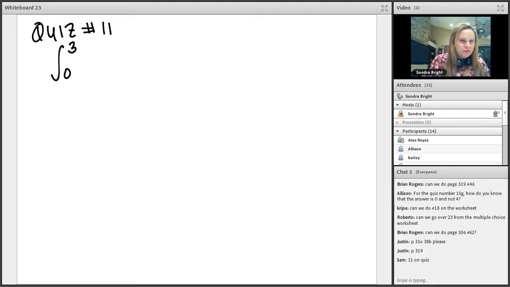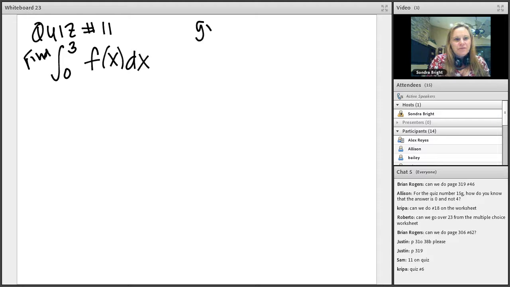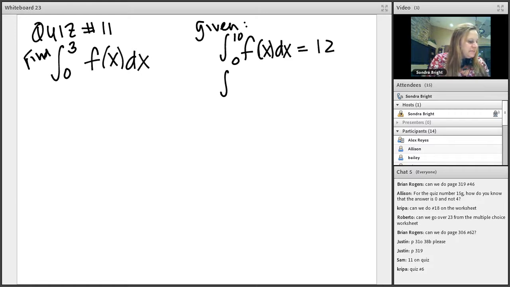Okay, so they want you to find the integral from 0 to 3 of f of x dx, and so this is what they want you to find, but you were given the integral from 0 to 10 of f of x, and that was equal to 12, and they also gave you the integral from 3 to 10 is -5.